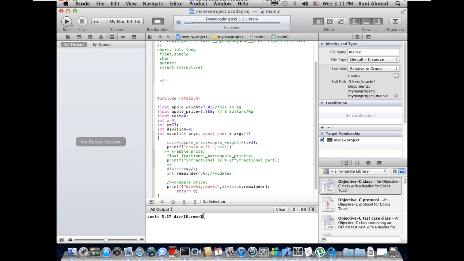Cool. Now the good thing about modulus is that you can use it in rotations. The remainder always repeats all the time. Every time you divide by the same number, however you increase the number, the remainder will always repeat itself.